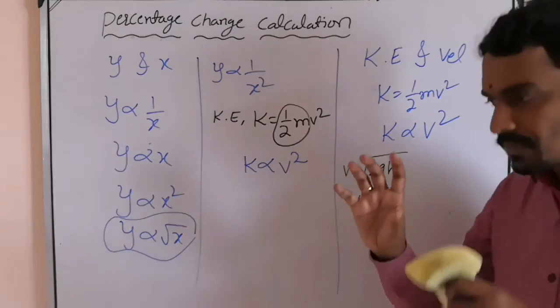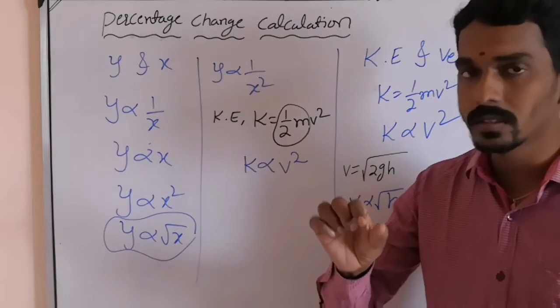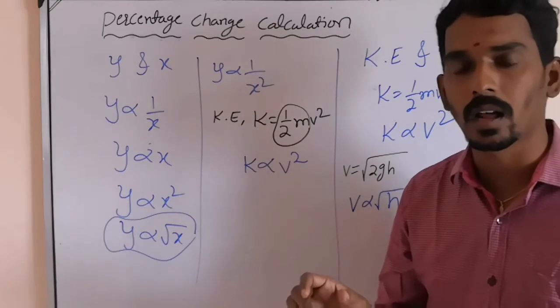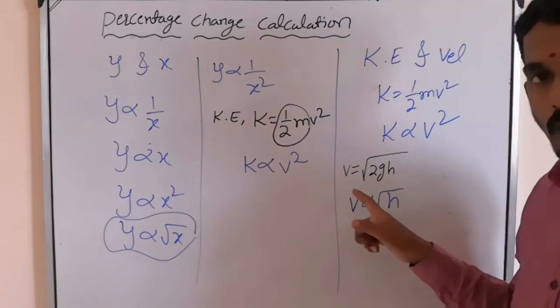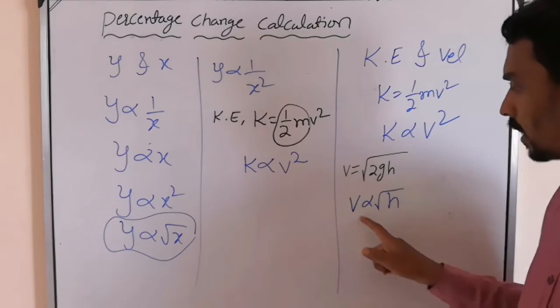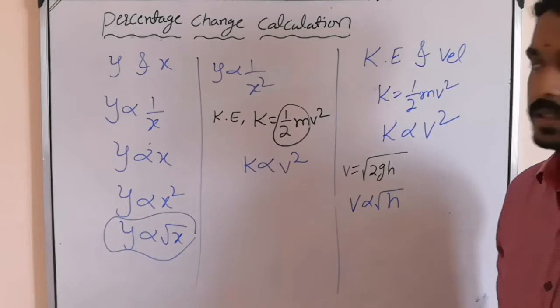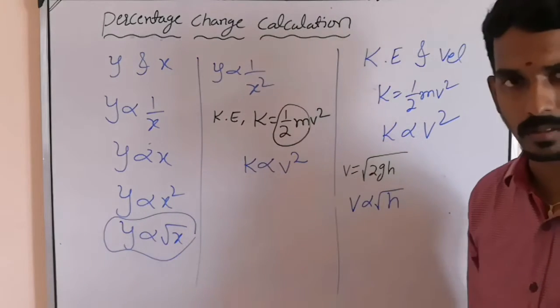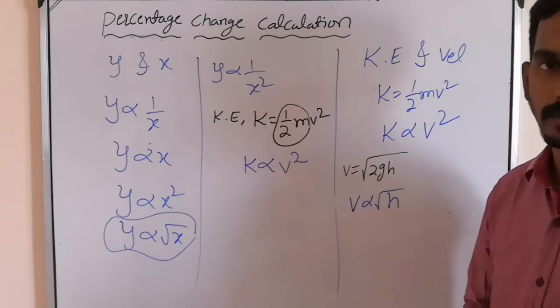So immediately after reading the question, you should understand that this question is related to free fall. Then you have to take the formula on your own. Then you need to make the relation on your own, so that you can solve such questions. But what is the method? We'll understand now.